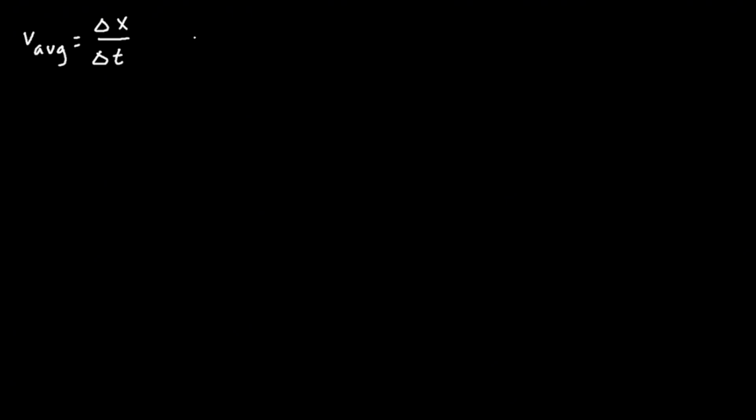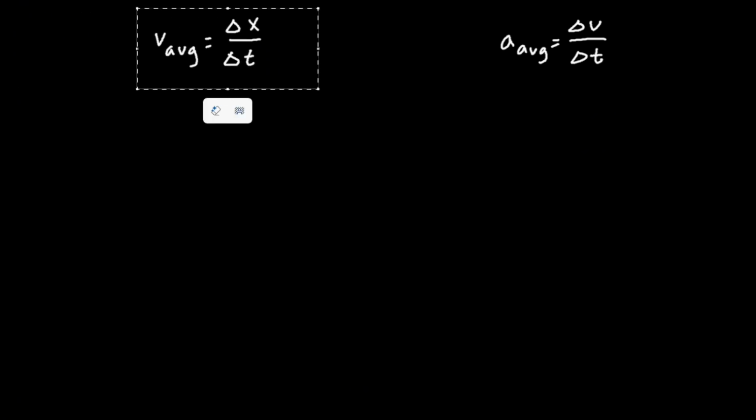And your acceleration is equal to your change in velocity over the change in time. So remember, acceleration is how much your velocity changes over time, and your velocity is how much your position changes over time. Let's do a quick problem related to this.